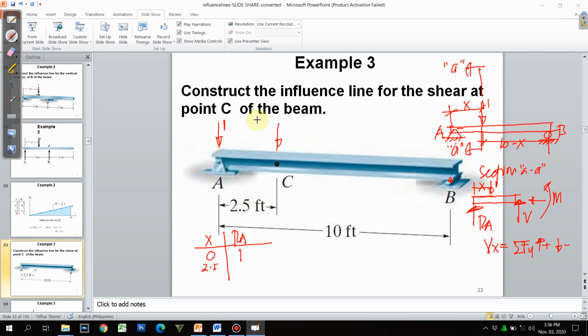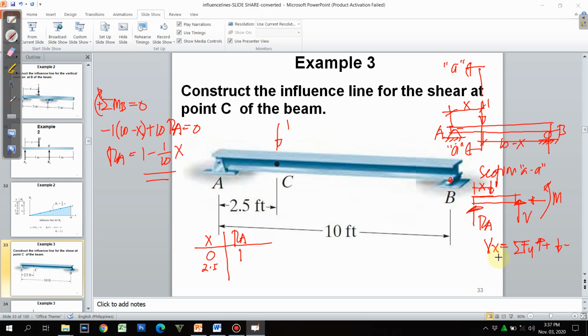Therefore, summation moments at B: -1 times (10 minus x) plus 10 RA is equal to 0. So RA is equal to 1 minus 1/10 of x. This is the value of our RA.